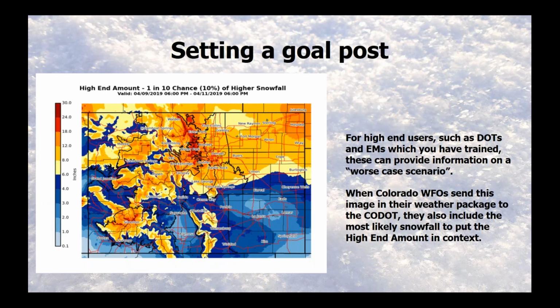And not everywhere is going to see this amount of snow, but the DOTs understand that while not everywhere could see the snow, it's a snowfall amount they may want to prepare for in case some places do get to that high end amount. And so every single time they put out a package to the Colorado DOT, this graphic is included in that package. So they work with their partners to include probabilistic information.